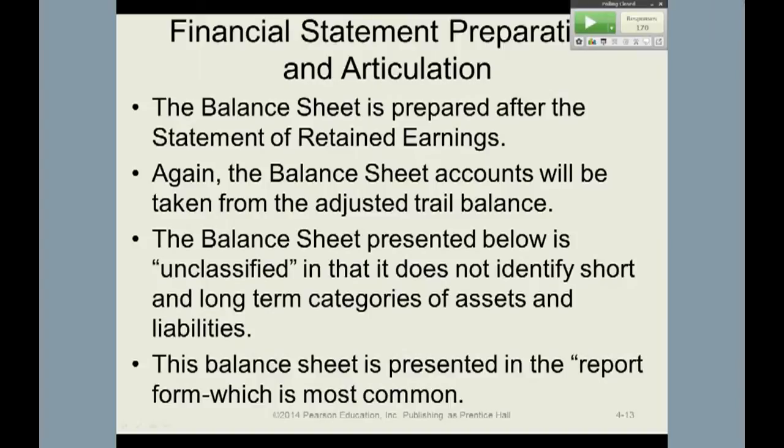So if you have what is known as a report form, assets are listed above the liabilities and stockholders' equity. And again, this is not anything difficult, but it's just a matter of information. This is the most commonly used approach. So the report form is the most commonly used approach. When you have the account form, it's actually going to look almost like a T account.